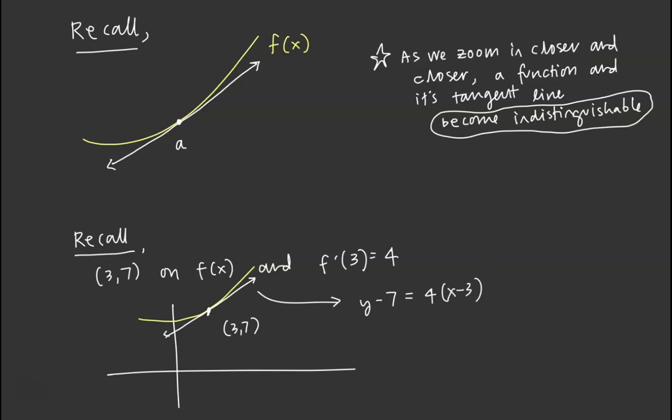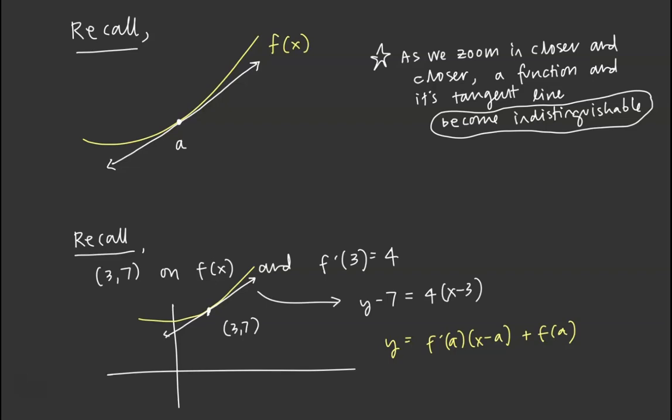So that's just jogging our memory, and in general, we know that a tangent line approximation would be y equals f prime at a times x minus a plus f of a. This is just taking that negative 7 over to the other side. So the derivative at that point a times x minus a plus the function evaluated at a.